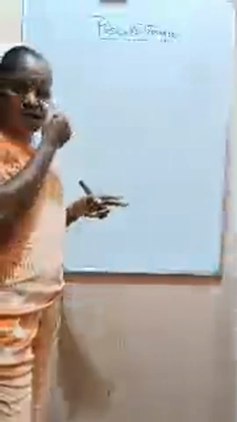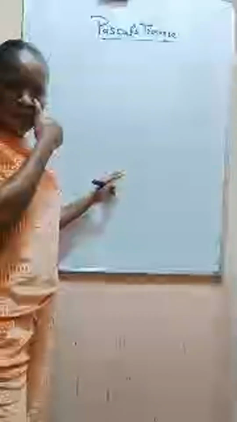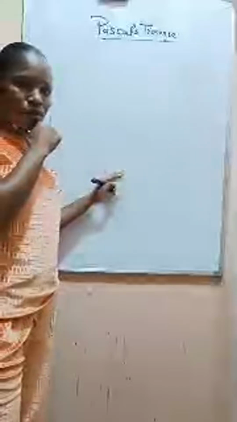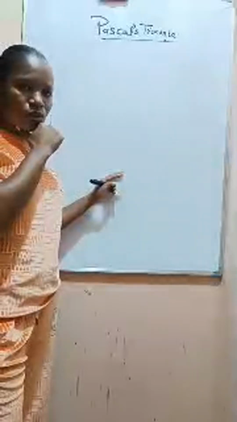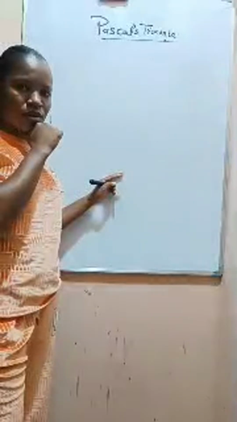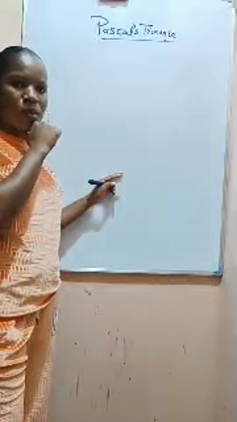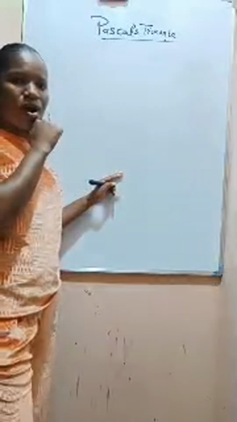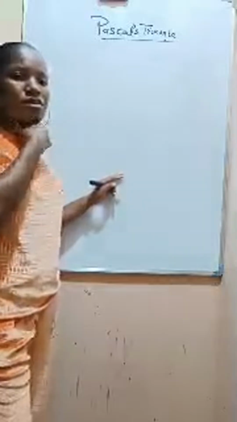Is it that you cannot see the camera, you cannot see the board clearly, or what? Please, I need confirmation on that. How is the view of my camera? Let me know, please.